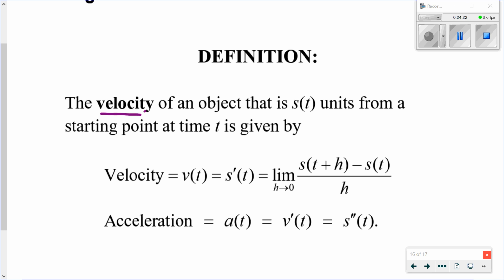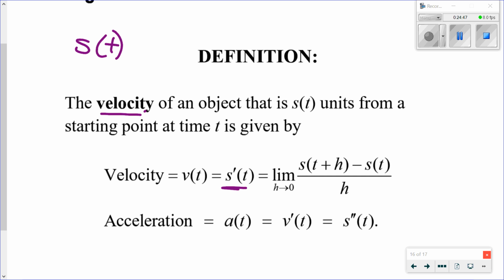If we start with a position function, s of t, our velocity would be s prime. When the policeman stopped us, we were 90 miles away from KSU, but we were also going a specific speed at that moment in time.